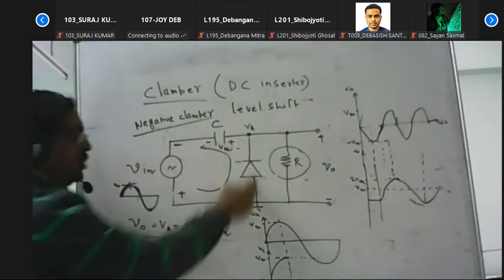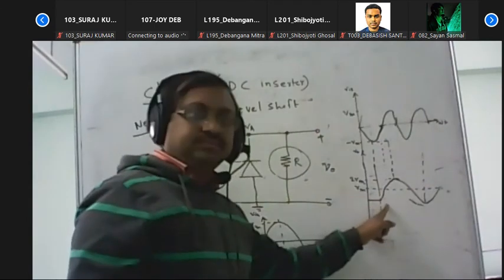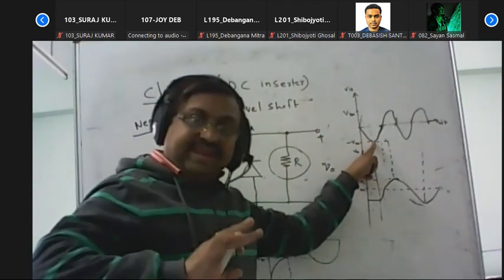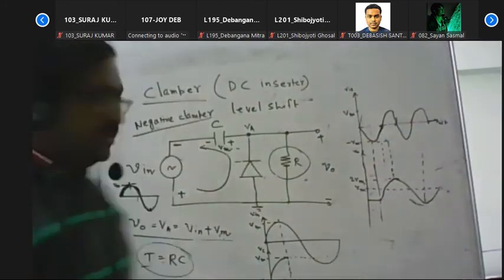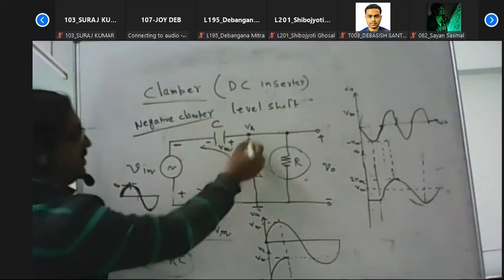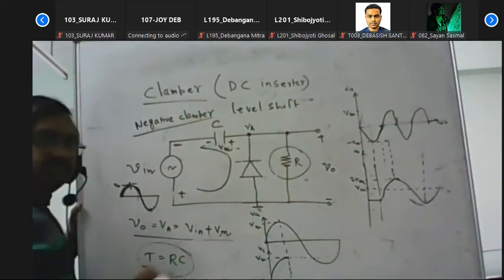If it is on, then the voltage across the output terminal is 0. Now, when the input signal is less than minus VM, then what happens? The voltage at that point is Vin plus VM.